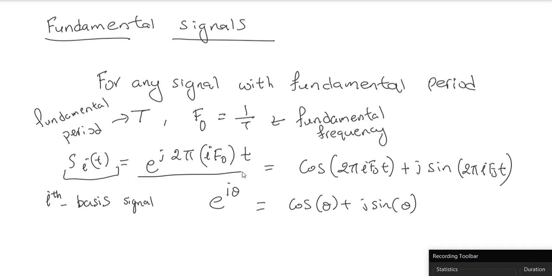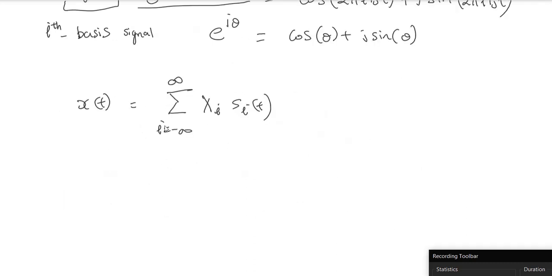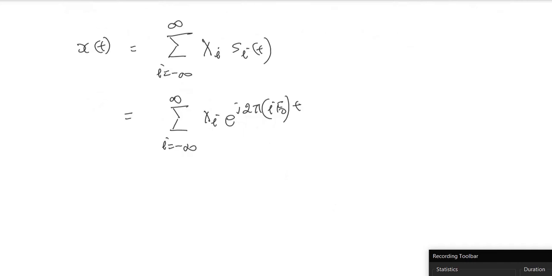And this will be our choice of basis signals. So given any signal which has a fundamental period T, we want to express it as a sum of weighted combinations of these signals. So mathematically, you can write it like this. Any given signal x of t has a fundamental period capital T. You want to write this as a sum of a weighted combination of these basis signals. And if I substitute for S_i of t, then I will get this particular expression.